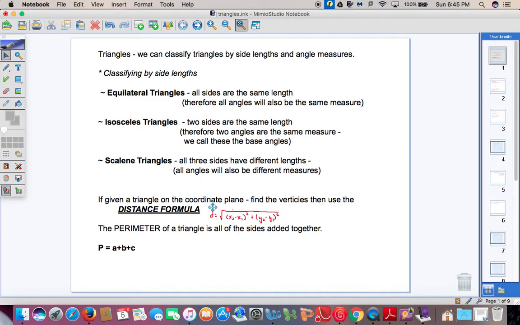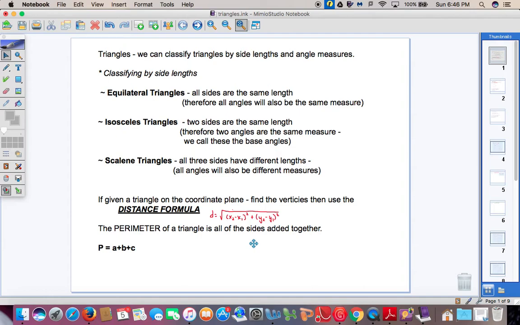So if given a triangle on the coordinate plane, you would first find the vertices and then use the distance formula. And the distance formula, of course, is that d is equal to the square root of x2 minus x1 quantity squared plus y2 minus y1 quantity squared.